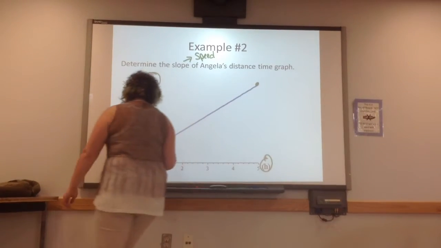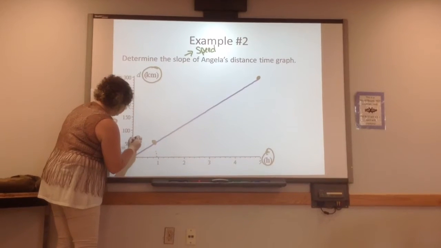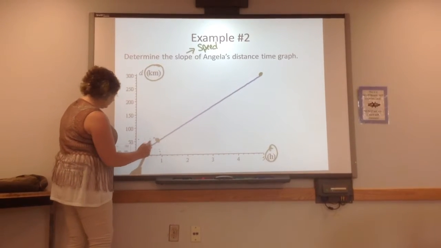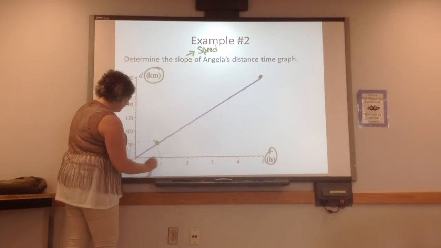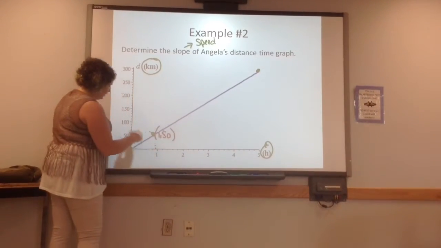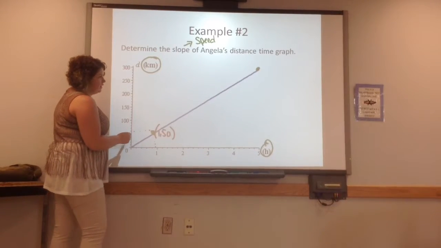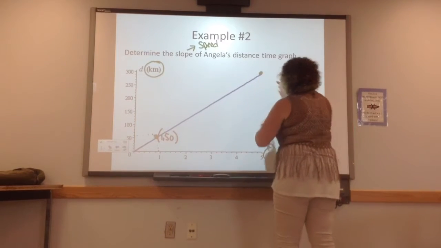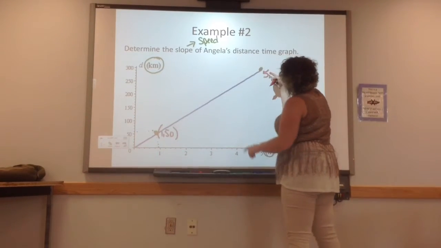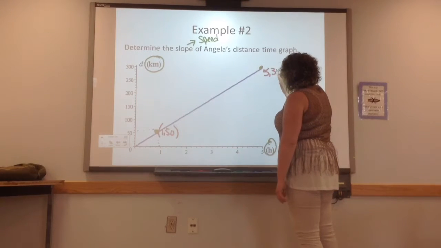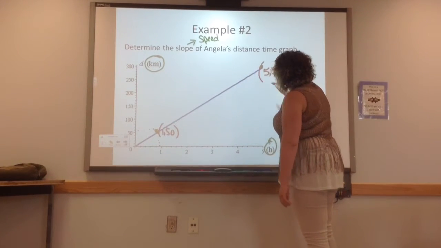So this point is, the x is 1, and our y is 50. And this point here, the x is 5, and the y is 300.